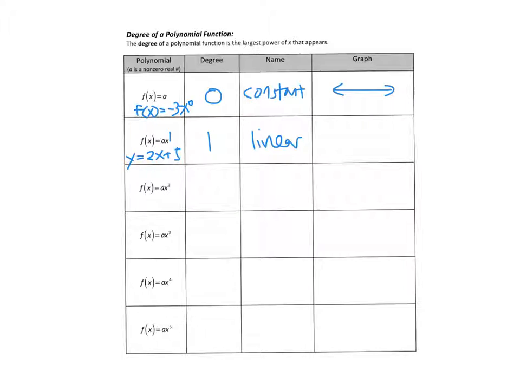The exponent on our x would be a 1, so that's a first degree polynomial. It's linear. It makes a straight line that might be increasing or it might be decreasing. Our next one, if our highest exponent is a 2, a degree 2 polynomial is quadratic.